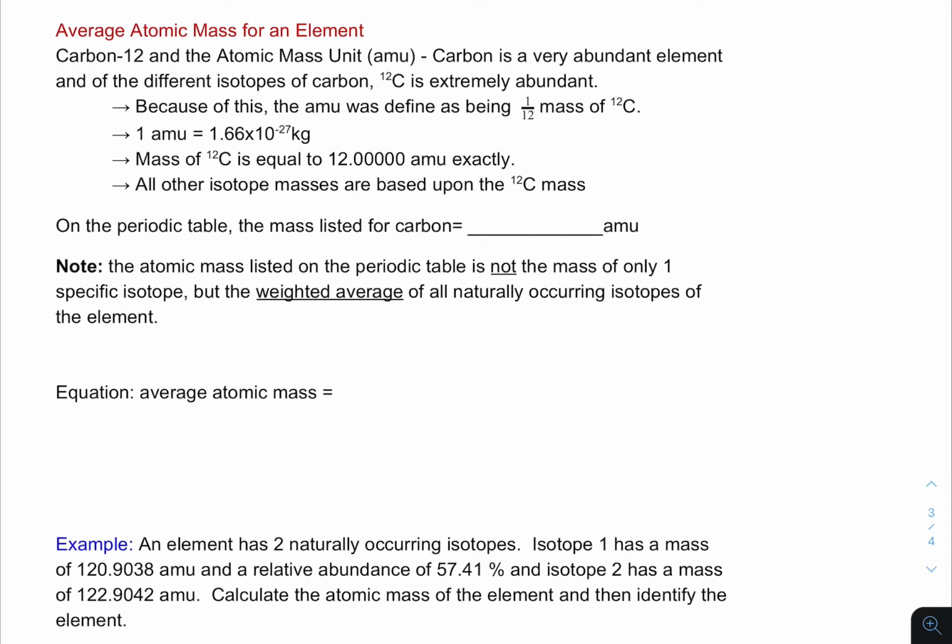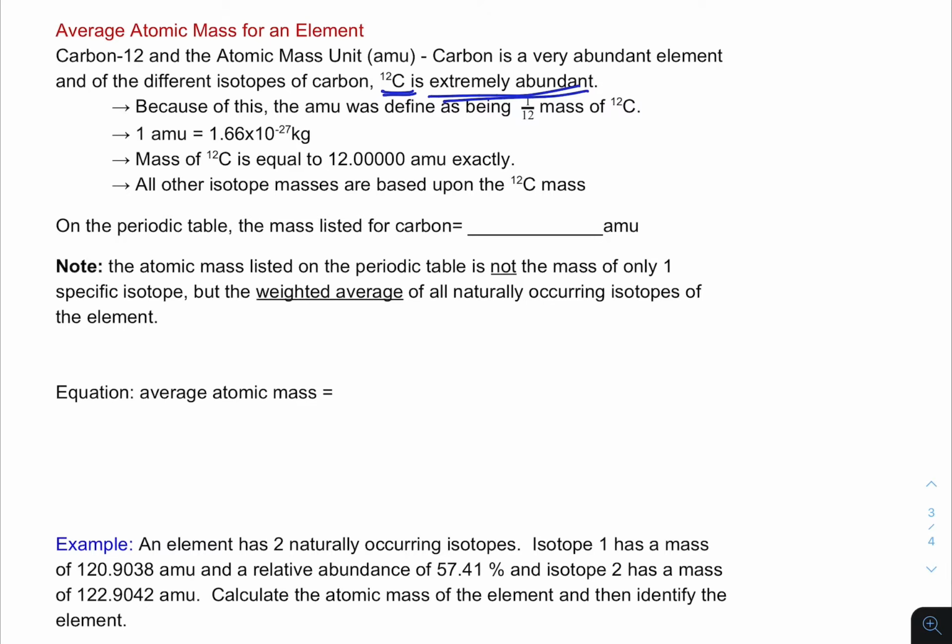And so what we'll notice here is that we have carbon-12. Carbon-12 is a very abundant isotope of carbon. It's 99.9 something percent of the carbon atoms are carbon-12. So the vast majority of them are carbon-12.